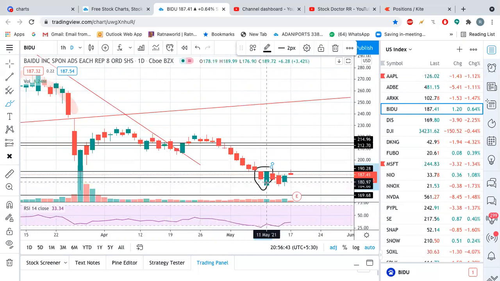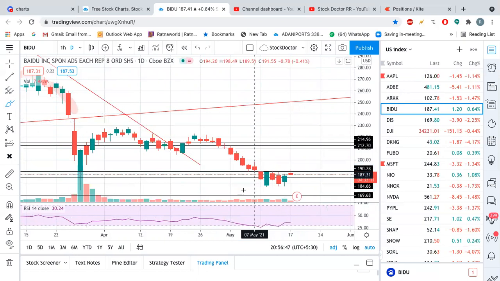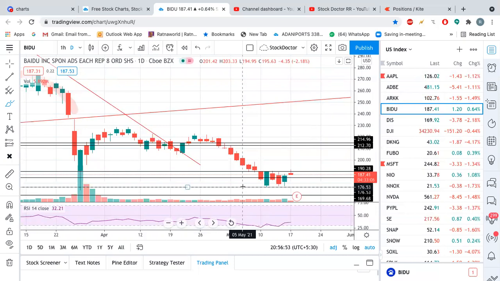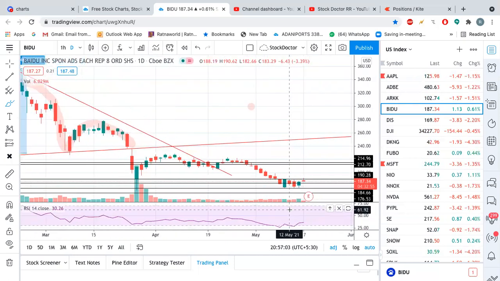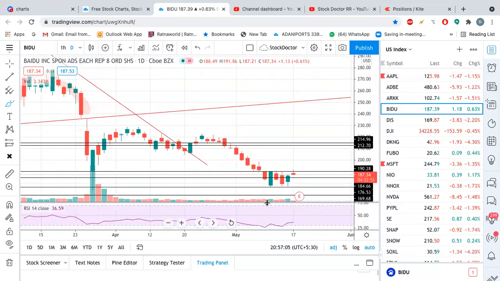And from there, it is trying to go up. So I can say that this stock has very good support at 176. If somebody wants to trade for the earnings, then definitely keep a stop loss at 176 on a closing basis, and one can take a trade. The first target will be 203, and the second will be 212.